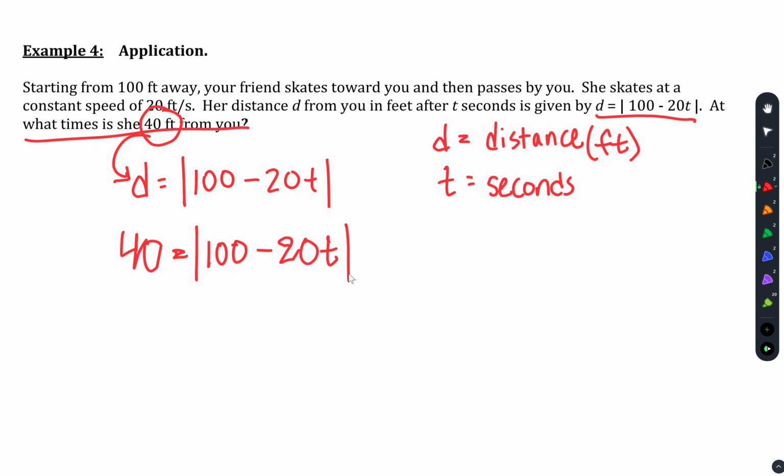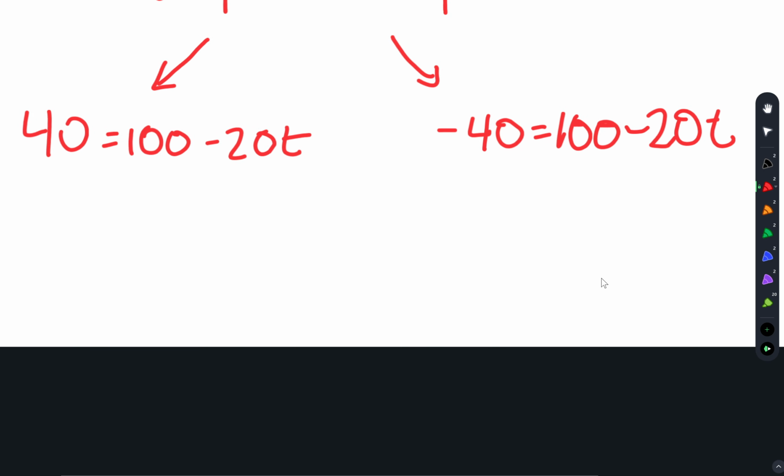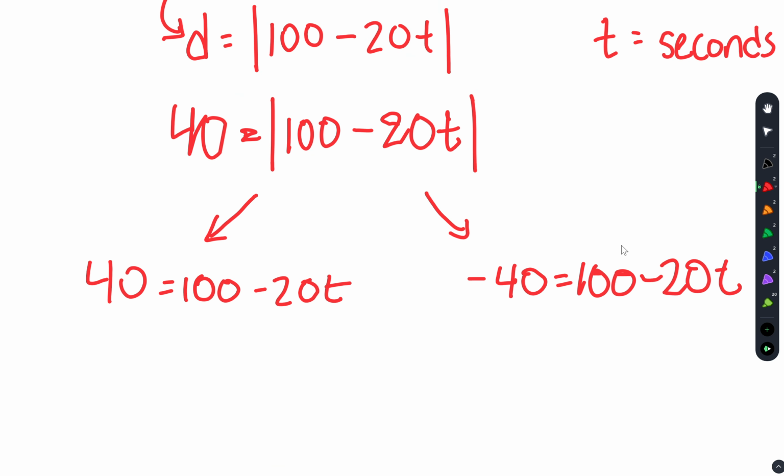And let's solve. So I know I'm going to split this into two cases. One positive, where I leave everything the same. And one negative, where I make that 40 negative. I'm going to have to skip some steps to solve this, but here we go.